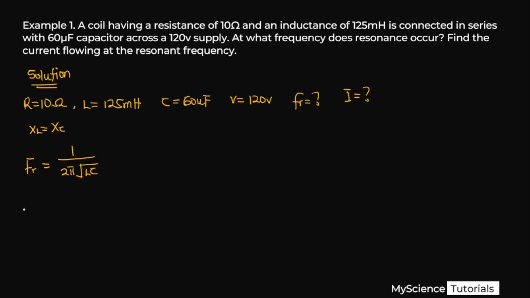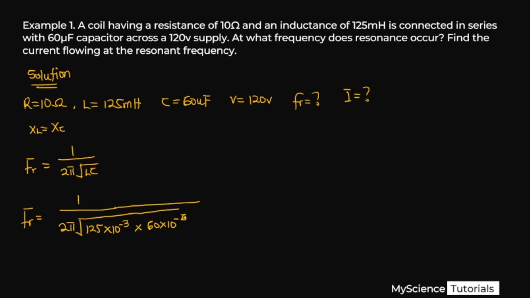So from here we can find our resonant frequency as 1 over 2 pi root of L, the inductance given to us, 125 times 10 raised to the power negative 3, multiplied by the capacitance, 60 times 10 raised to the power minus 6.